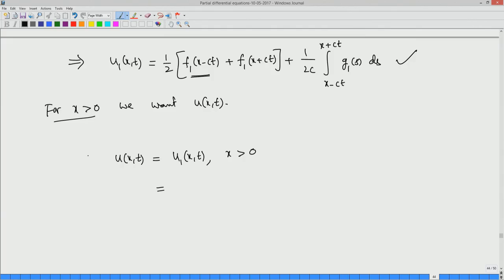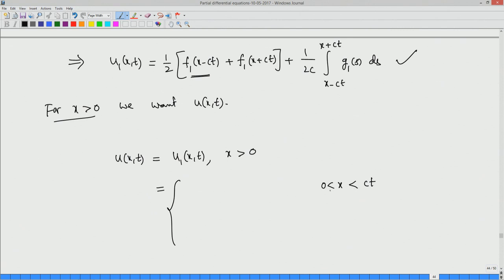What is this? This is actually equal to, you have two cases. One is when x is between 0 and ct, in that case x minus ct is negative.